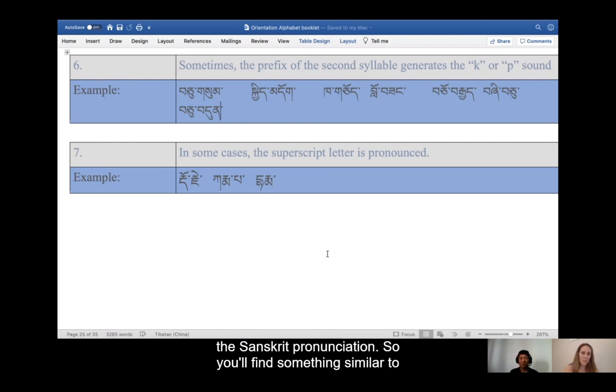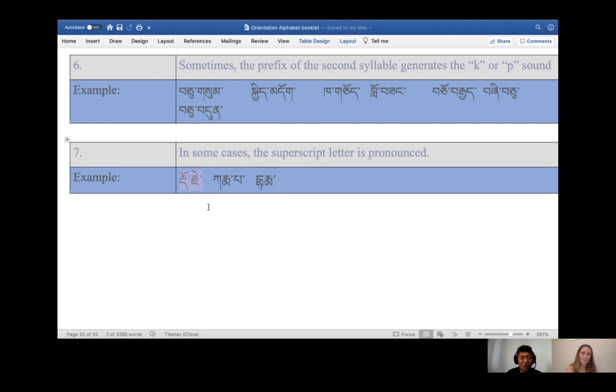So you'll find something similar over here. Ra, ta, naro, do. Ra, jata, ja, jingbo, je. Dorje.